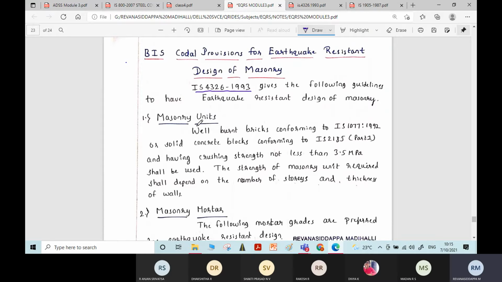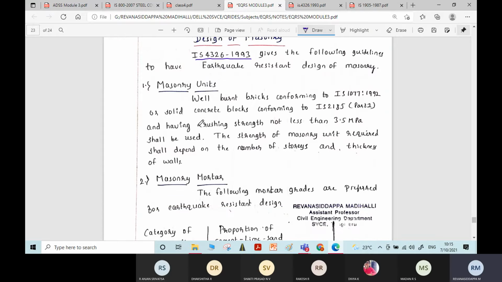With respect to the masonry units, the guideline is well burnt bricks conforming to IS 1077:1992, or solid concrete blocks conforming to IS 2185.